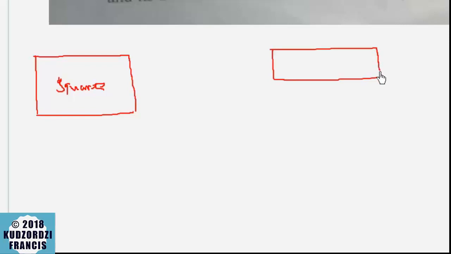A square looks like a rectangle, but this is our square over here. Now we have the rectangle over here. So this is a rectangle.